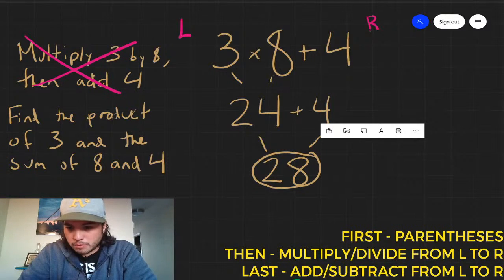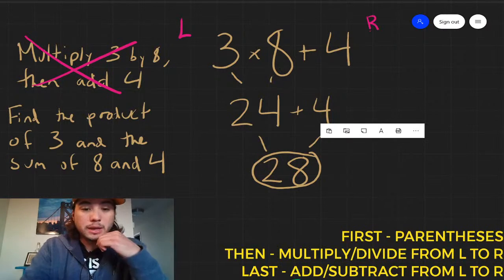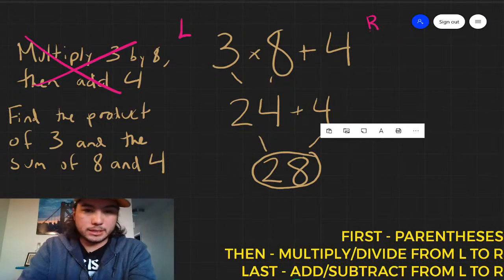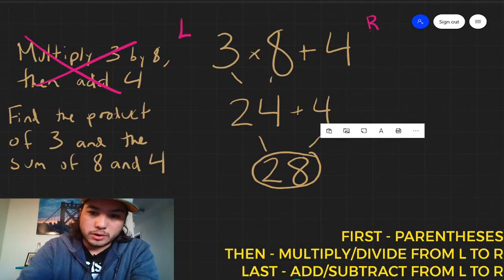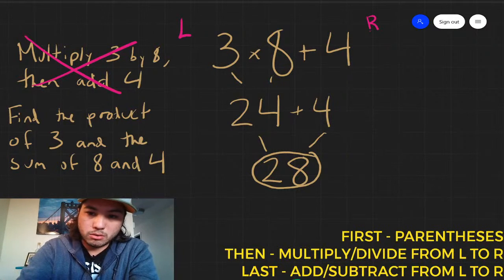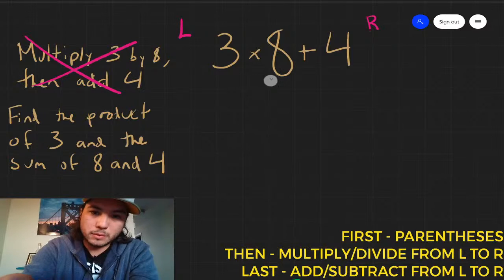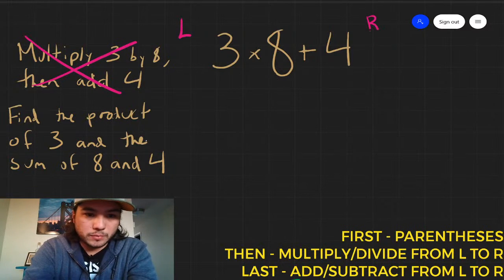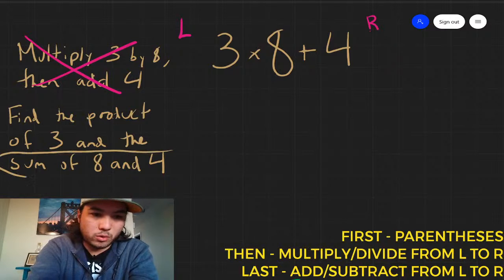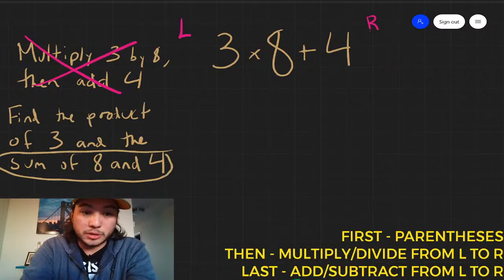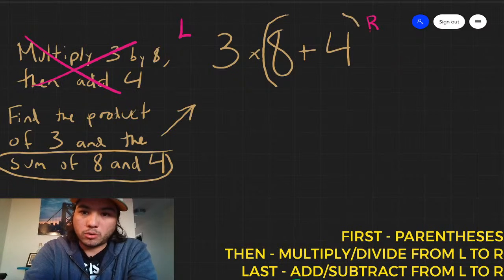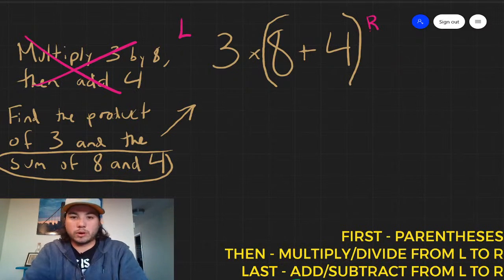Okay, and Mars dropped it in the chat. So using those parentheses, what we're going to do is put parentheses around... I'm going to go ahead and erase this bit here. Go back to our original expression. And because with this one, we want to find the sum of 8 and 4 first to be able to multiply that by 3, we need to take parentheses and put them around our 8 plus 4.